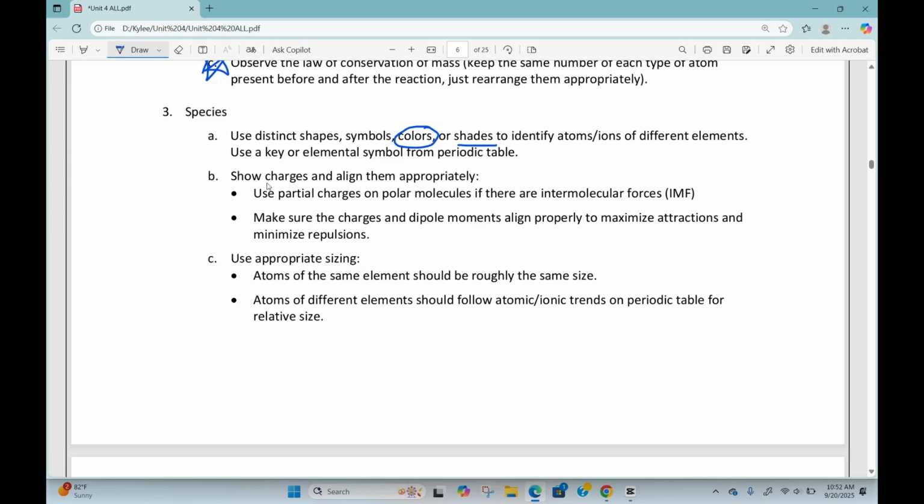If it has a charge, we want to show the charge and make sure it is aligned properly, especially when we talk about those IMFs. And then we want to use appropriate sizing. Atoms of the same element should be roughly the same size, and smaller atoms, like hydrogen, I would draw really tiny, versus something like bromine, which is much larger.